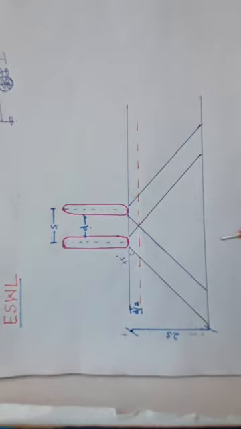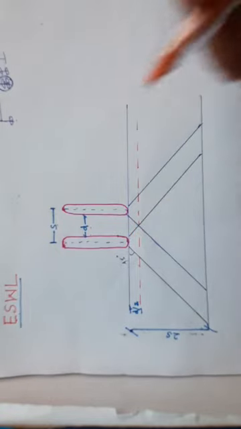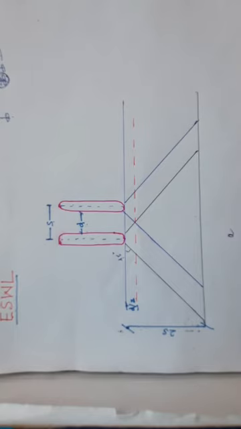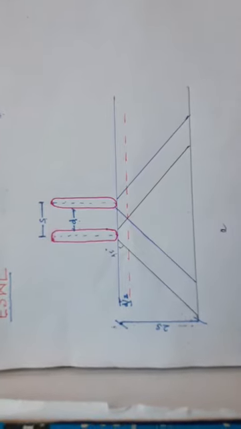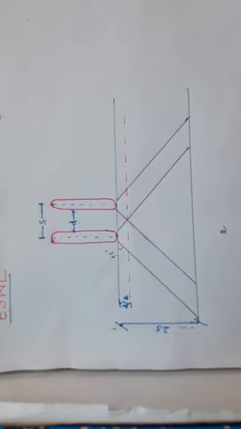Clear? Understood? And let A be the radius of the equivalent contact area of each wheel.